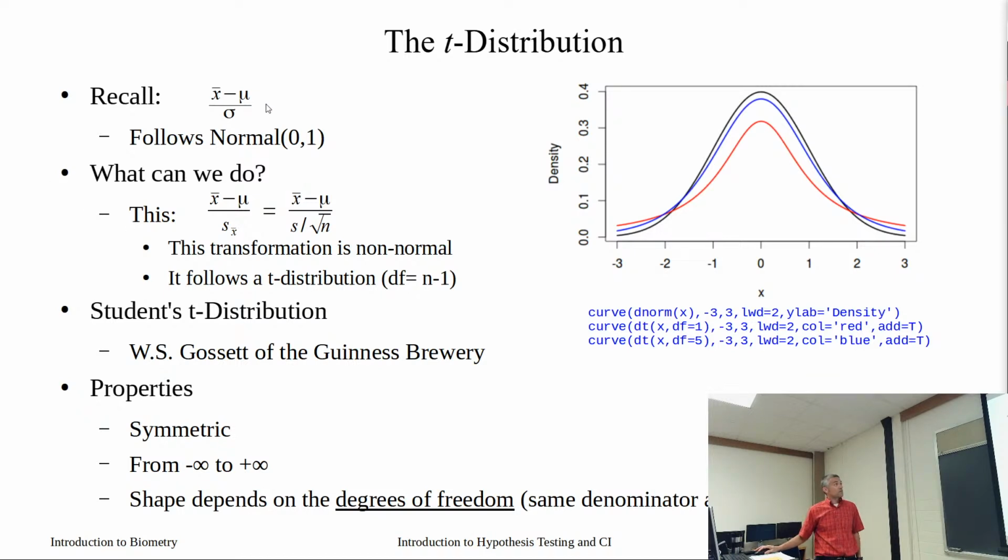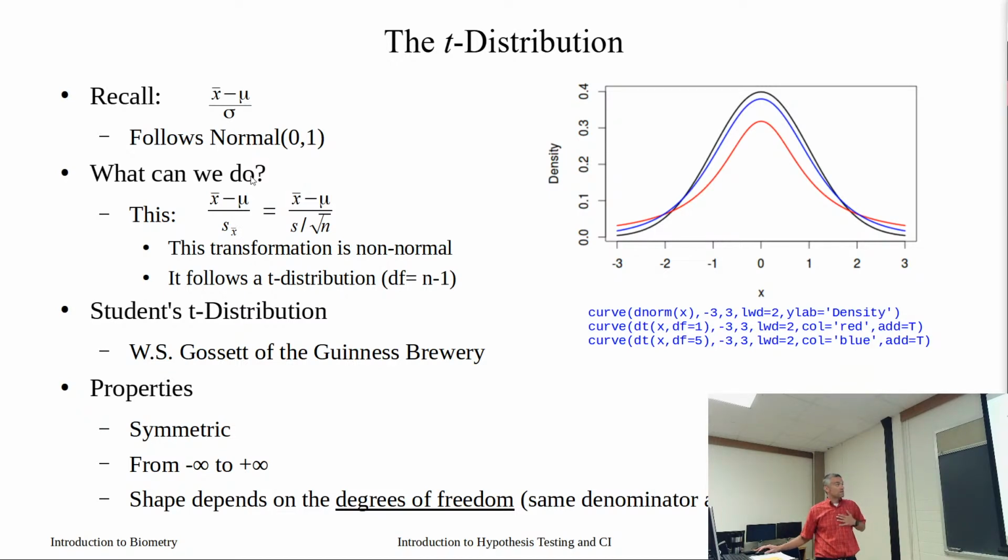Now, note what we're doing. We subtracted the population mean and we divided by the population standard deviation. We might not know what the population standard deviation is. So what we do is we approximate it using the standard error from our sample.